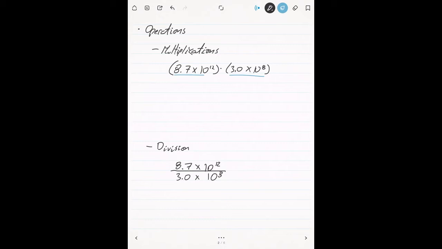Let's start with 8.7 times 10 to the 12th times 3.0 times 10 to the 8th. These are both two separate numbers, number 1 and number 2. They're on the number line somewhere. We need to multiply them. So sometimes students think, well, let's just go ahead and turn these numbers back into their original format, right?